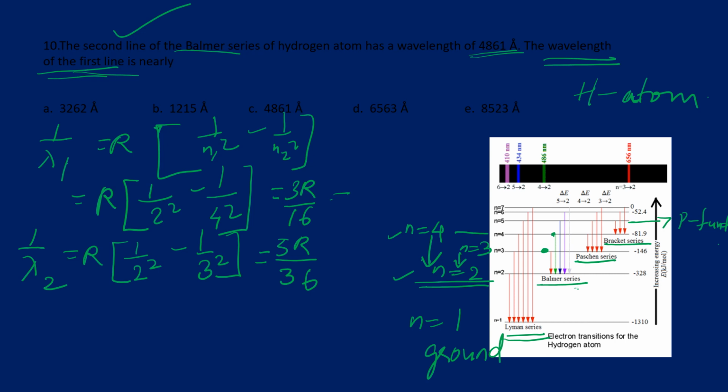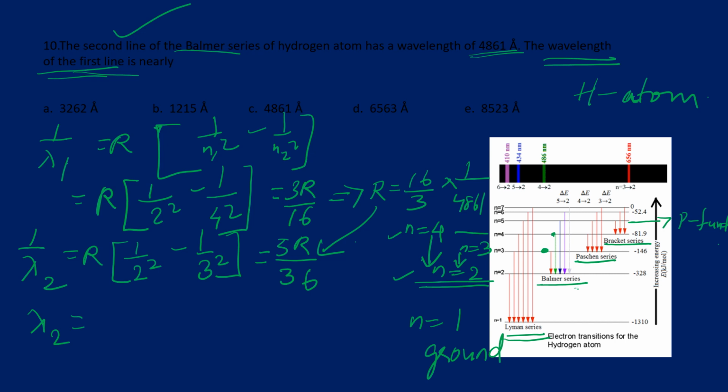So from this you can find out the R value. R value is 16 divided by 3 into 1 by lambda 1, that is 1 by 4861. You can substitute this value in this, so you will get lambda 2.